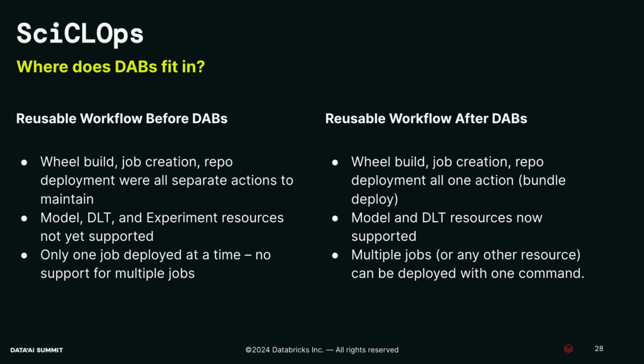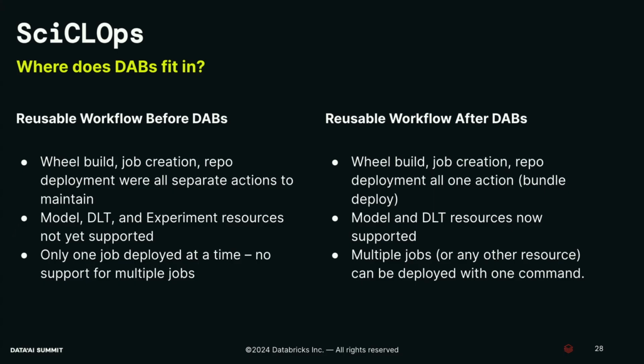We would stamp out these GitHub repos with a job spec in JSON, modify that JSON file, and rerun the CI/CD workflow to deploy that 1 job. And it was actually pretty complicated for us to come up with a way to loop in GitHub Actions, because that's not supported out of the box, to deploy multiple jobs, right? But then came DABs.